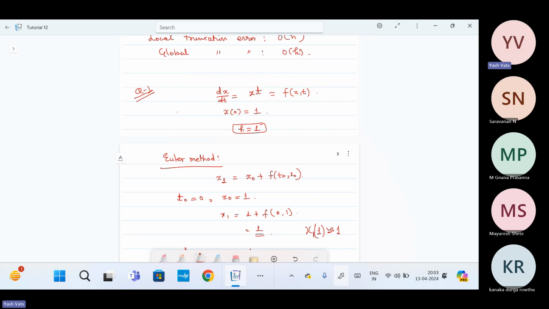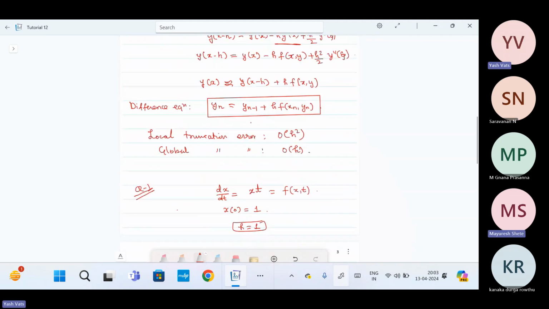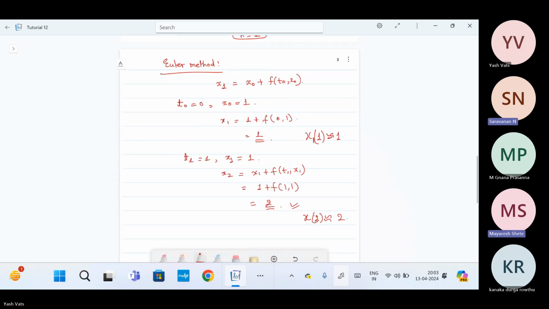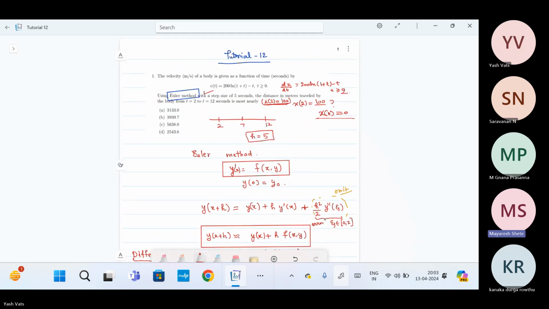Okay. Anyone else? Can you please repeat once again? What do you want me to repeat, the Euler method? Yes, can you please? Actually, what we did, velocity is nothing but ds by dt. So the ordinary differential equation is also nothing but dy by dx is equal to f of x, y.